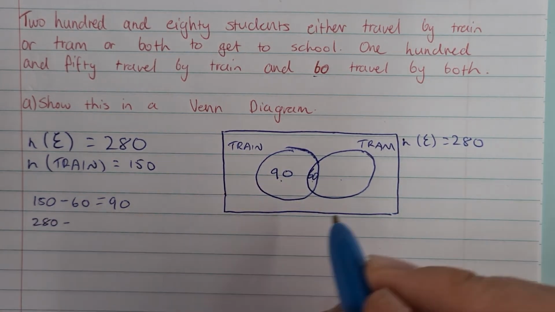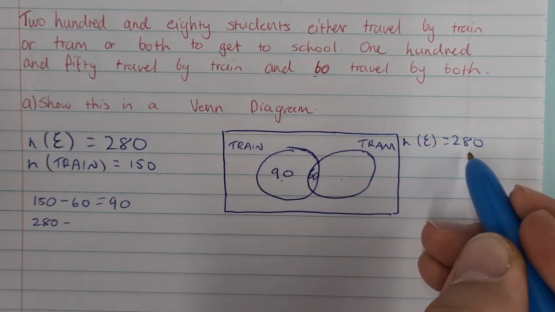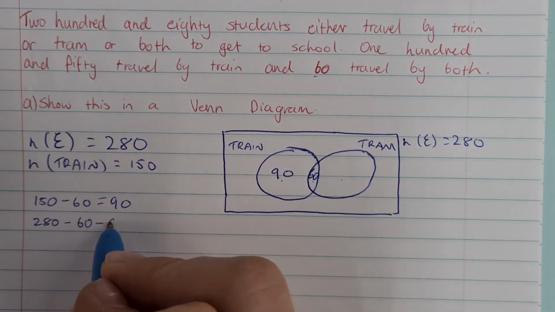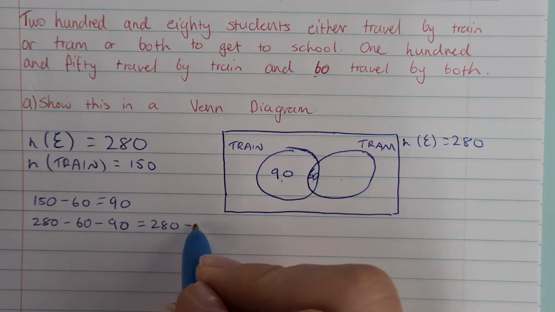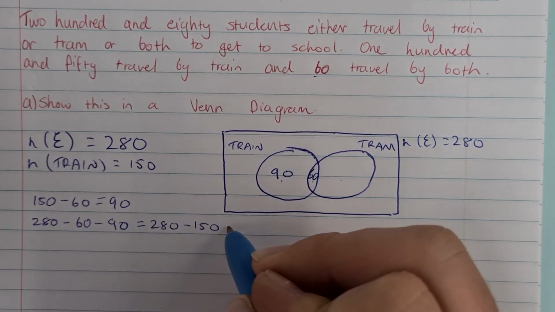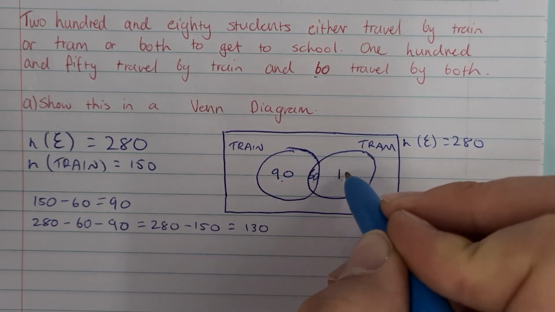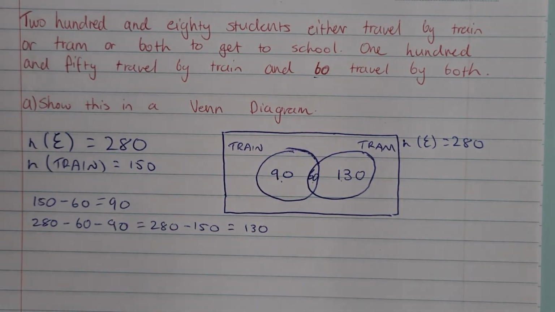So the amount of students that only travel by tram will be the total amount, 280, minus our 60 minus our 90. I mean, really, we could have probably just written minus 150. But that turns out to be 130. So that's how we draw that Venn diagram.